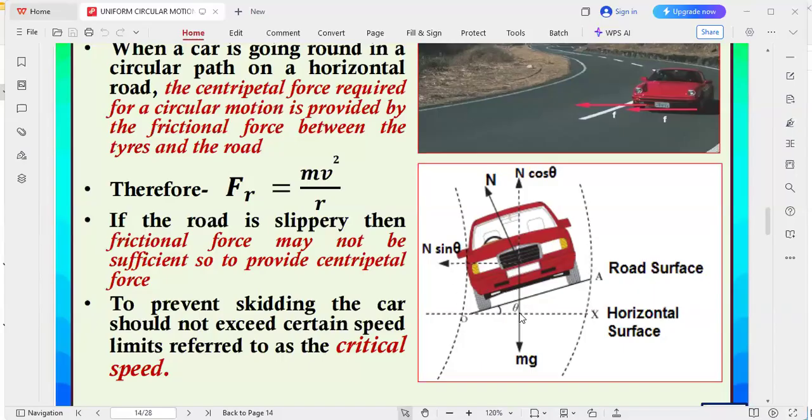When you do the vertical side, cos theta, which is adjacent over hypotenuse, you will find that this vertical force is n cos theta, which is equal to mg. N cos theta equals mg.